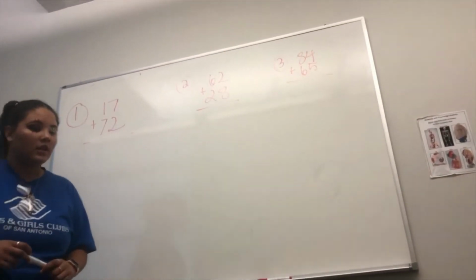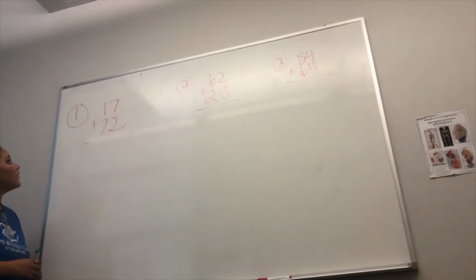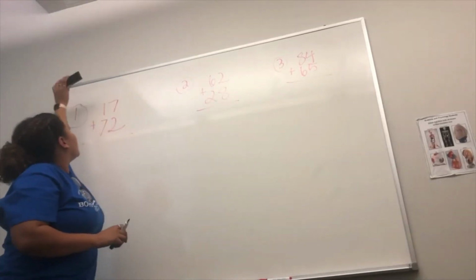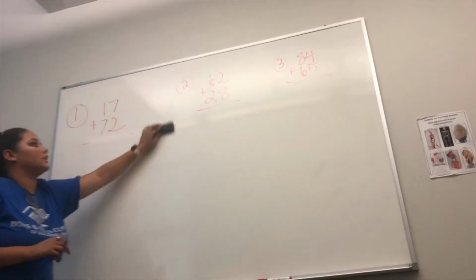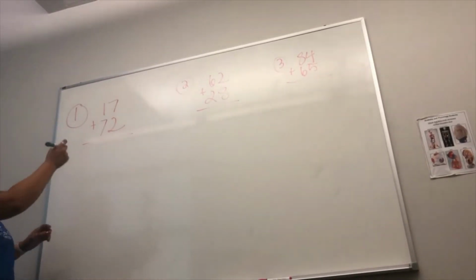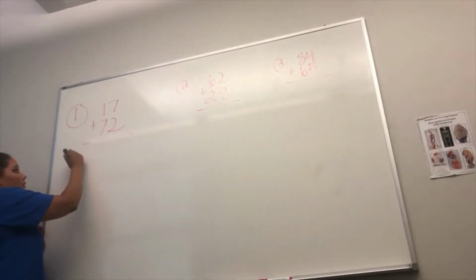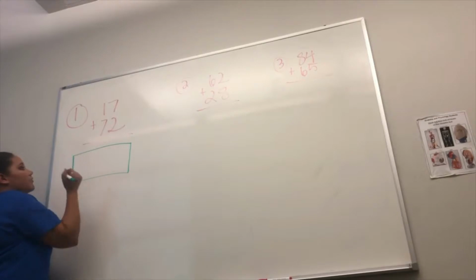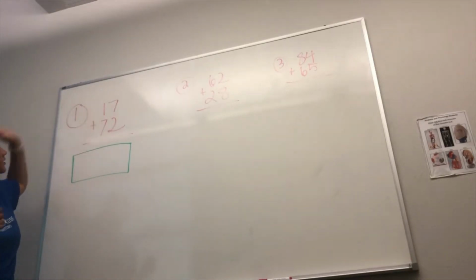Okay. So now that you guys have all finished your 3 practice problems on your own, we're gonna go over them together to make sure you get everything right and you understand the steps. So first step again, we're going to draw a rectangle, and there's 2 numbers.